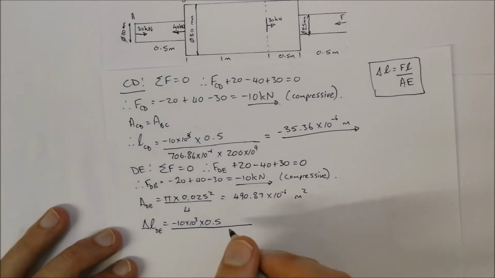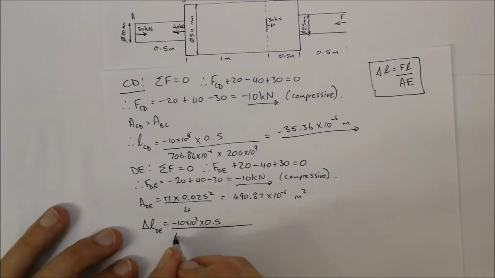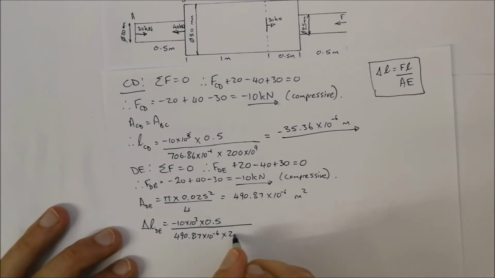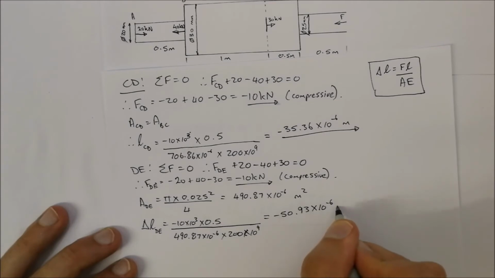Divide that by the area, which we've calculated to be 490.87 times 10 to the minus 6, and multiply that by 200 gigapascal, so that's 200 times 10 to the 9. And when we calculate this, we get the answer of negative 50.93 times 10 to the minus 6 meters.